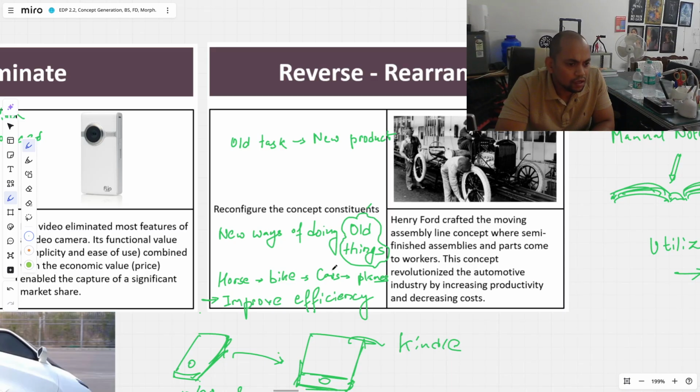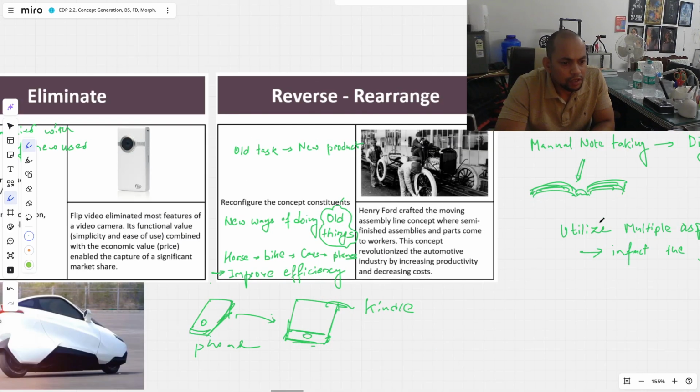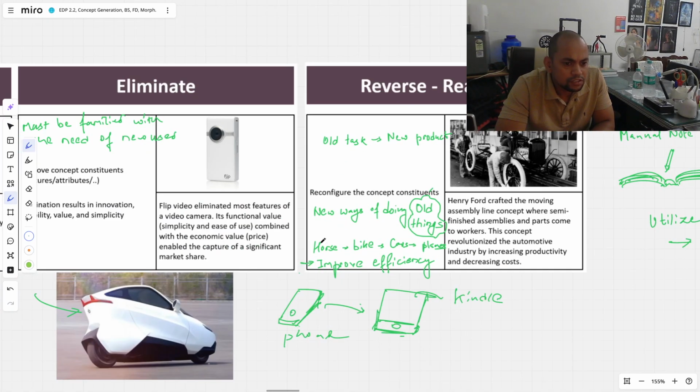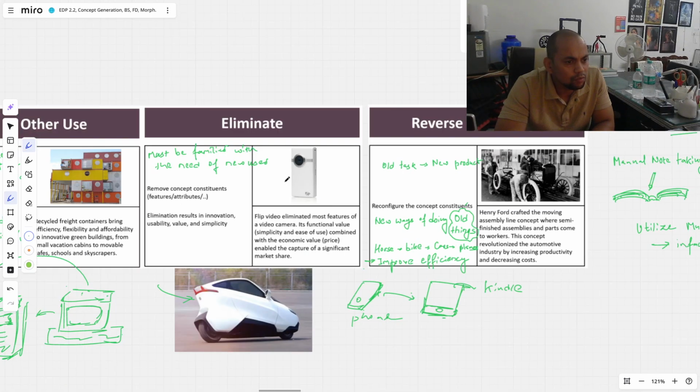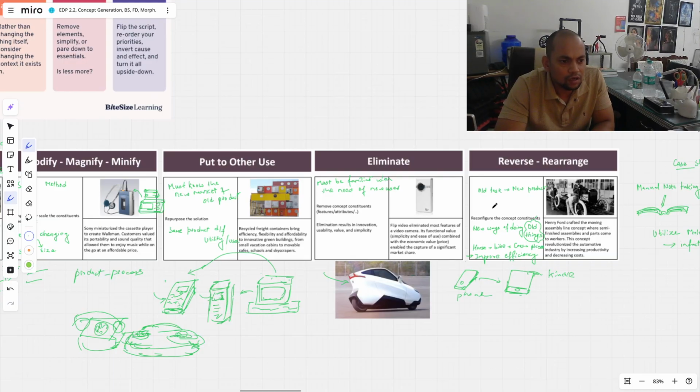So here we have reimagined the ways things have been done, thinking out of the box. You can see that the substitution function of SCAMPER has also been used. Some of the elimination function, some of the put to other use function has been used here in transportation.